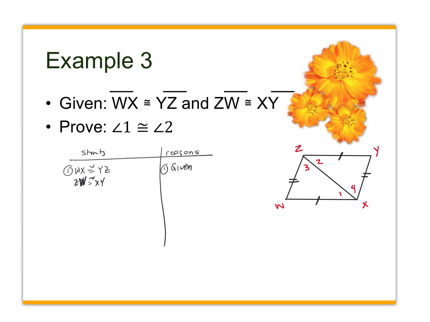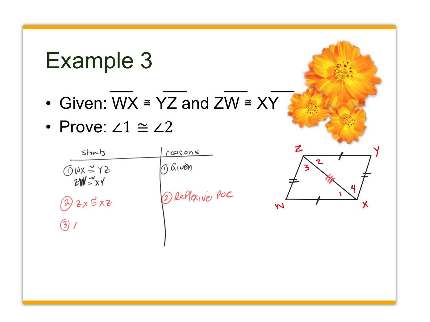First of all, I'm going to prove that the triangles are congruent, and I'm going to start by inserting my second step, which says that ZX is congruent to XZ. This line here in the middle is congruent to itself because it's the same line, which means it's reflexive property of congruence.